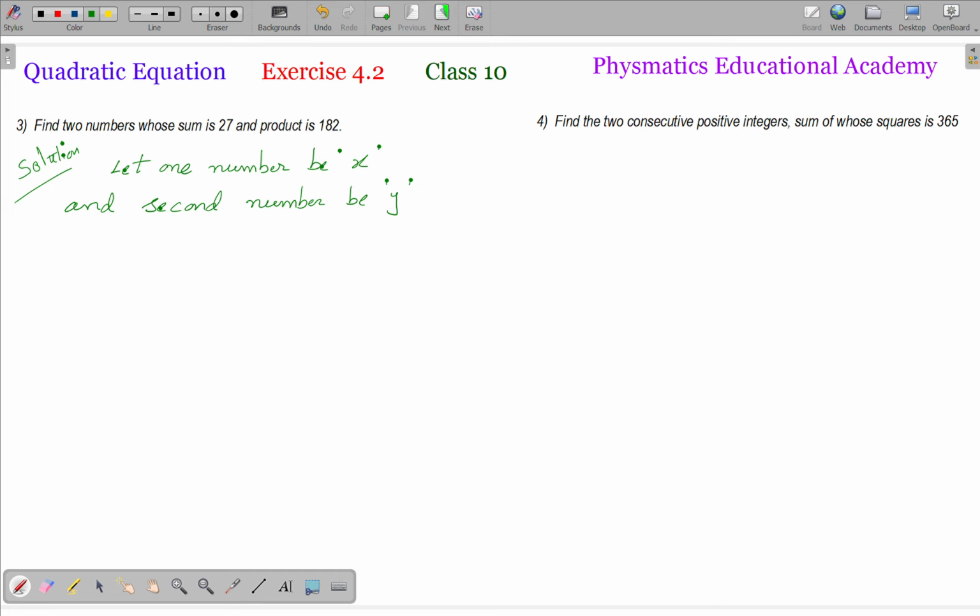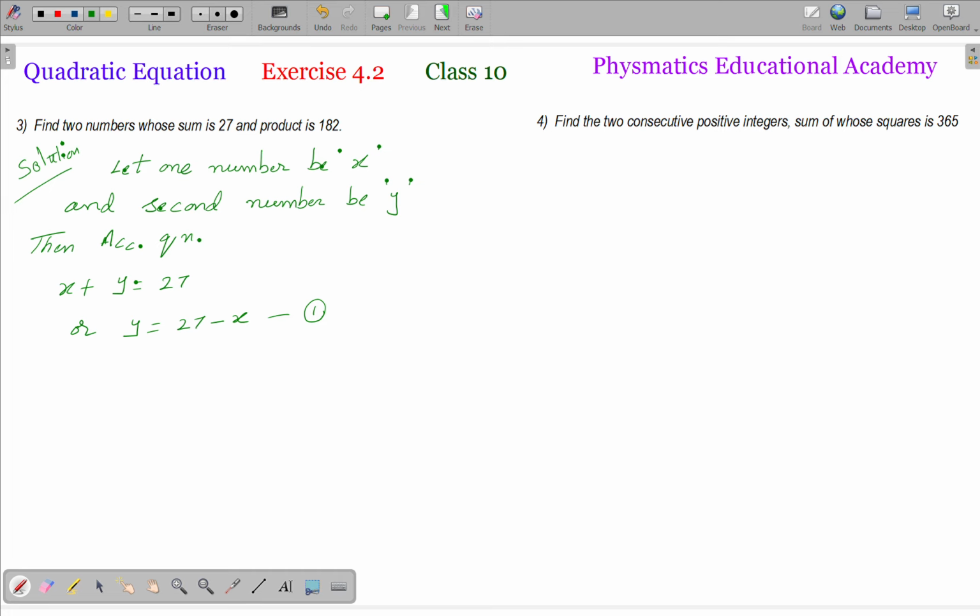Then according to the question, x plus y is equal to 27, or y is equal to 27 minus x. This is equation 1.